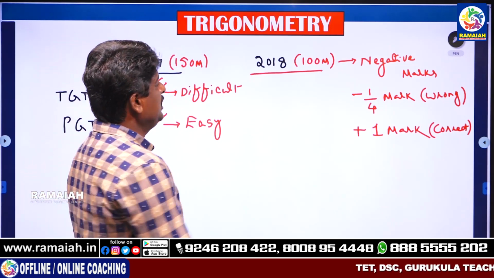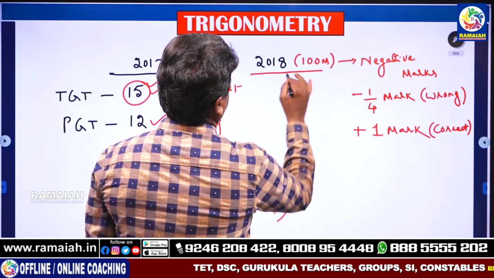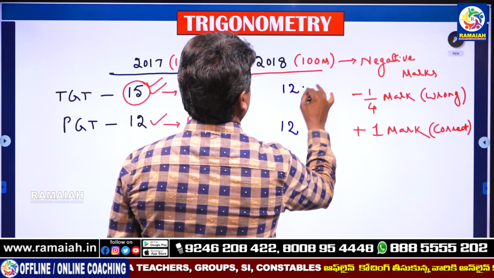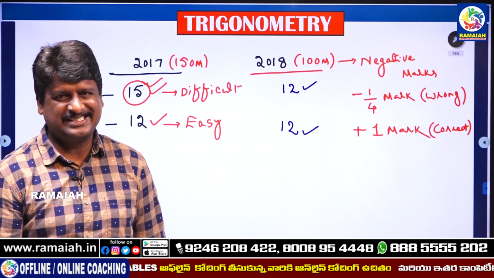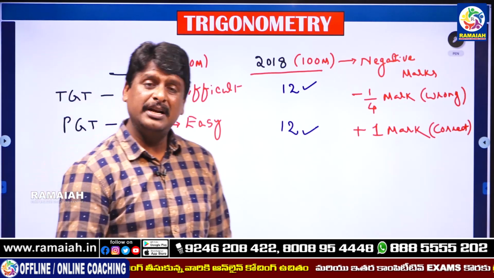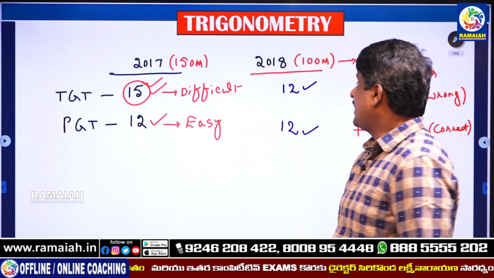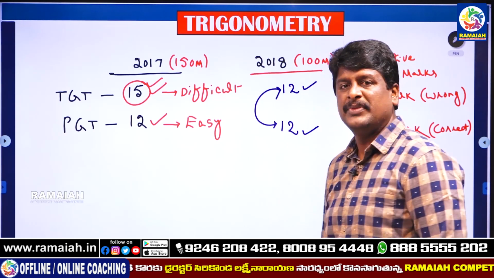But in 2018, TGT 12 questions, PGT also 12 questions, an equal number of questions given for TGT and PGT. Almost all difficulty levels are also equal.